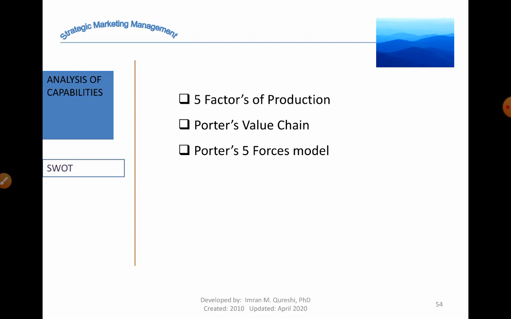This is what strengths and weaknesses relate to, while opportunities and threats are from the external locus of control, things that are not in control of the company or the organization, happening outside of the organization, and the company theoretically cannot control them. This is the external focus of control.